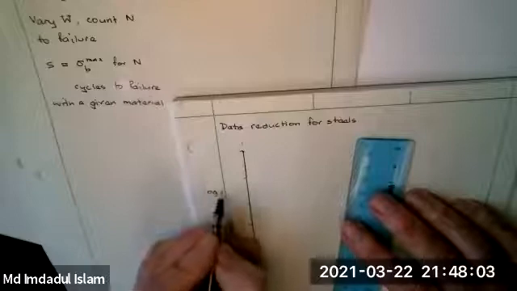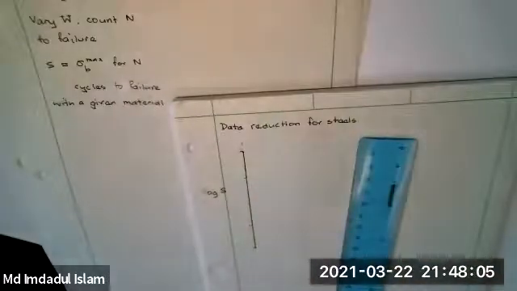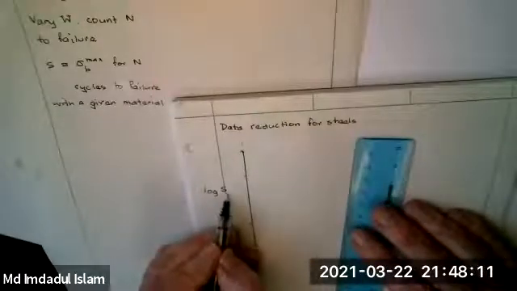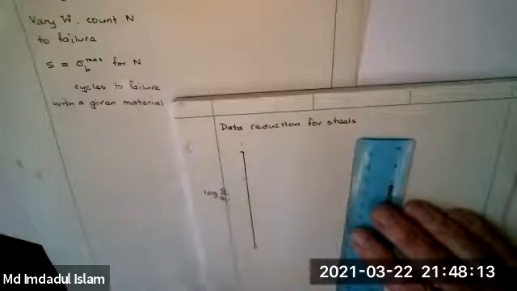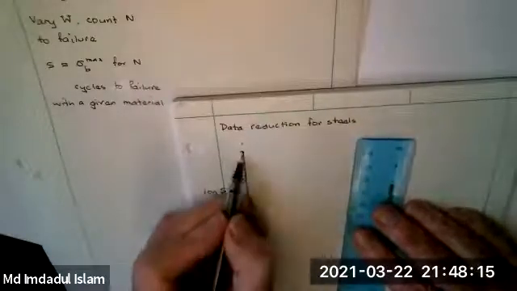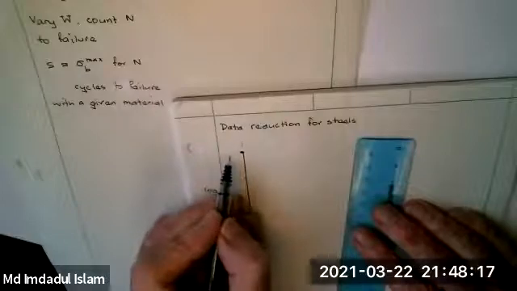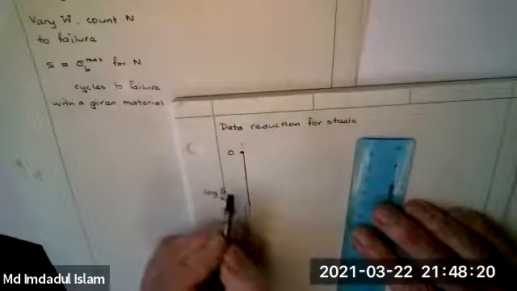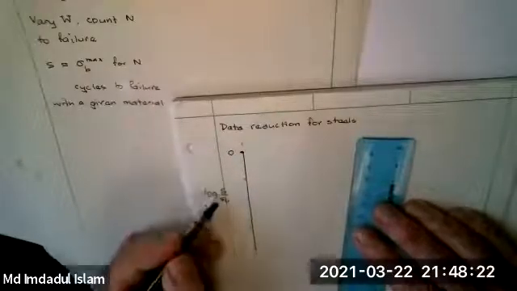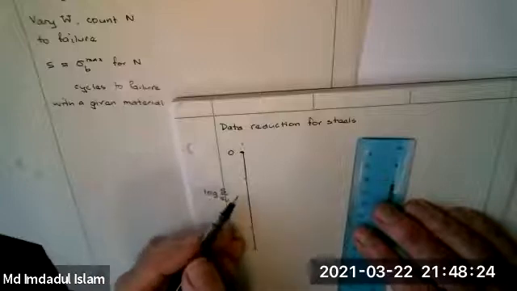Now we could take log of S. Well, the argument of a log function should really be dimensionless. So we're going to normalize by the ultimate strength. And at the very top here, this will be 1. So this will be 0. And then as this goes down, this will be log of a number less than 1. So this will decrease.